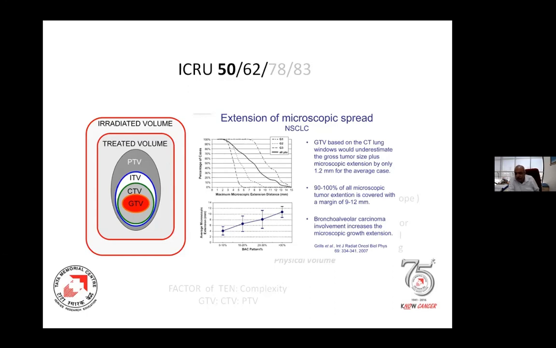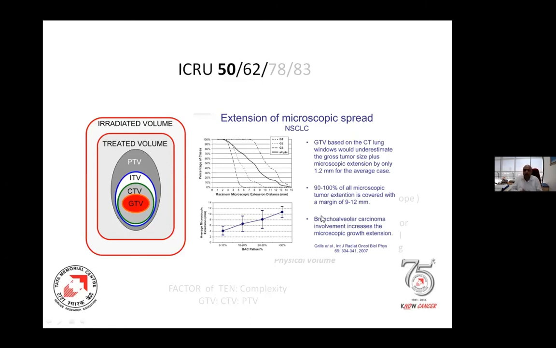Grills and Corsier, in another paper, measured the tumor size in patients who underwent surgery, and they cut a few millimeters, to see the microscopic extension of disease across different grades and histologies. At almost 9 mm, you cover 90% of the microscopic extension, and in 99% of cases you will be covering it when you take something like 12 mm.